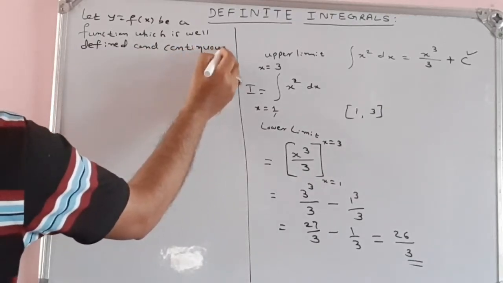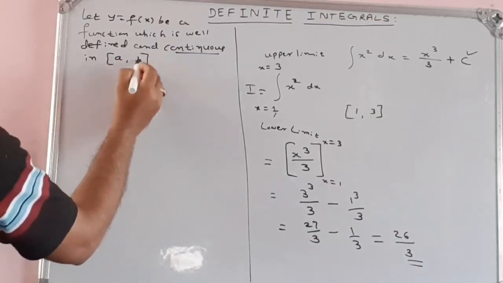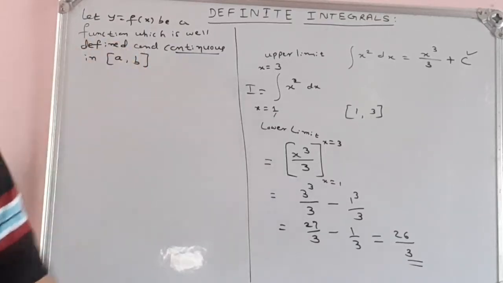This should be continuous in the closed interval [a, b].